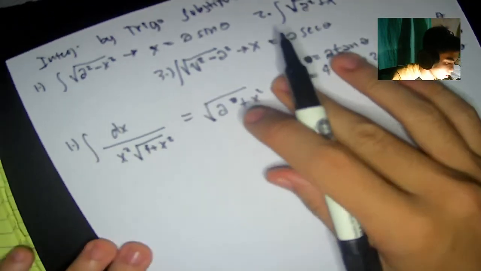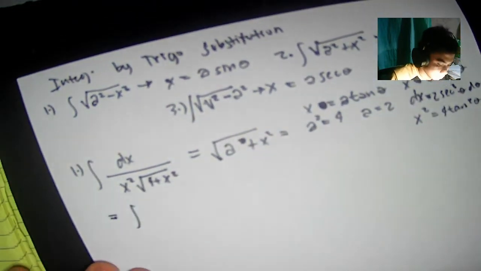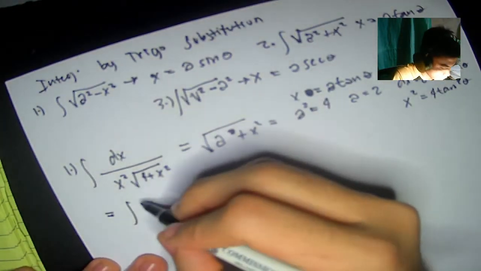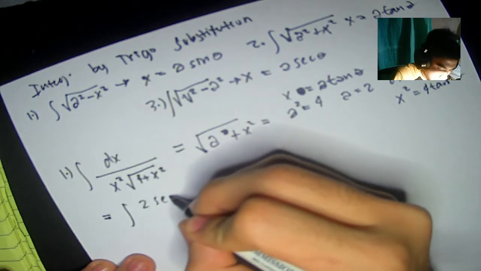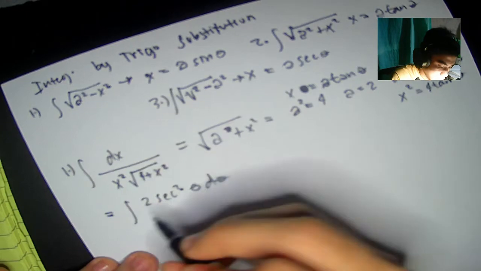So we have 2 secant squared theta d theta over what?